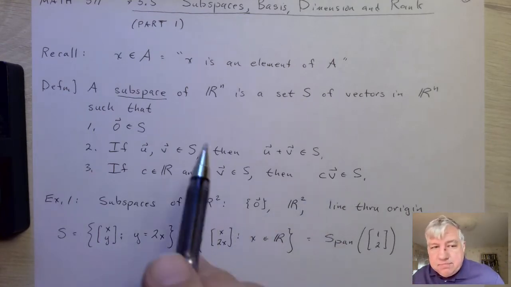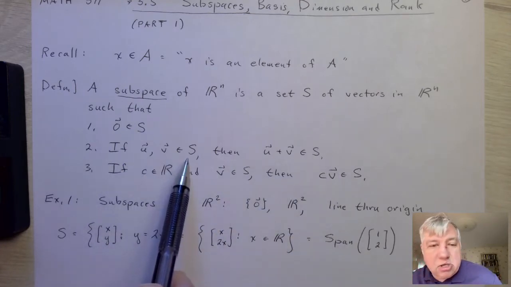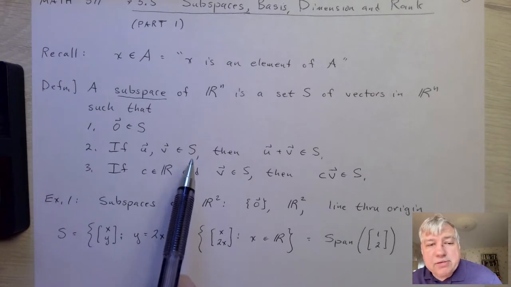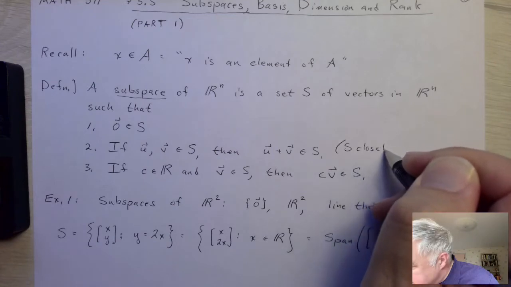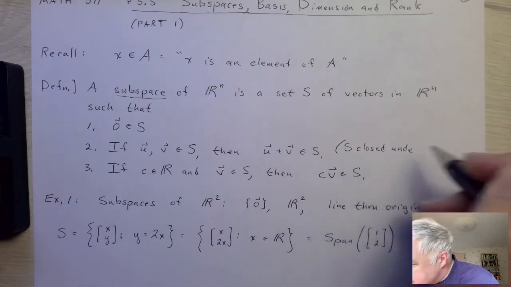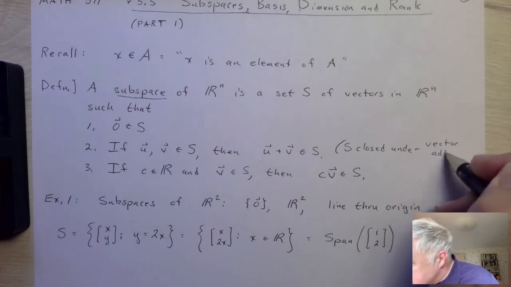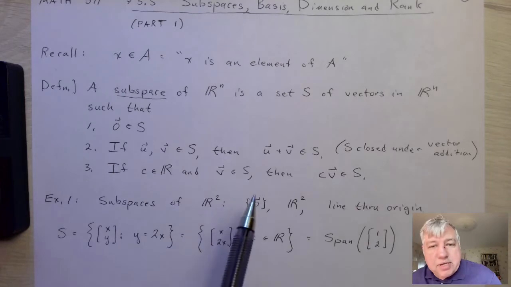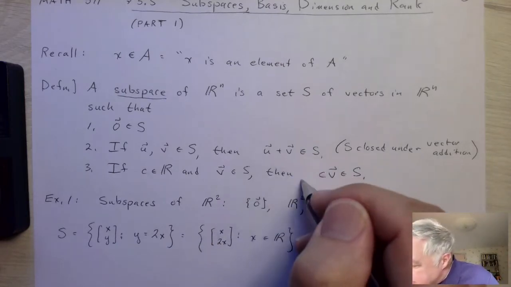The second condition is the same thing as saying that S has to be closed under vector addition. And the third property says S is closed under scalar multiplication.